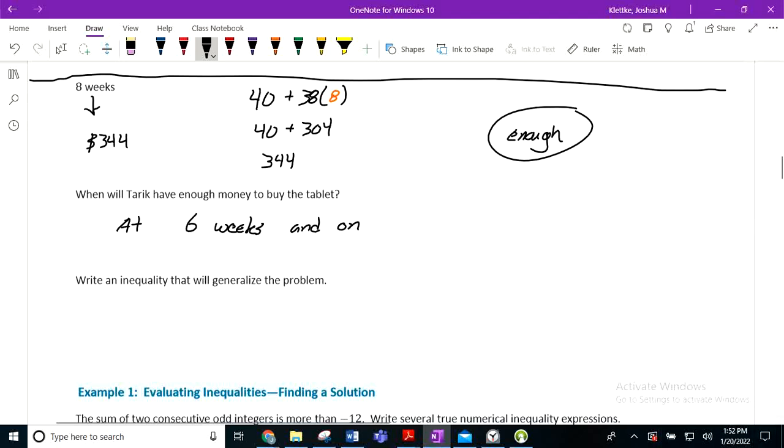So now they want us to write an inequality that will generalize the problem. So when it says generalize the problem, it means it wants an inequality that will make it applicable to every week. So not just 2 weeks, not just 3 weeks, but any week.